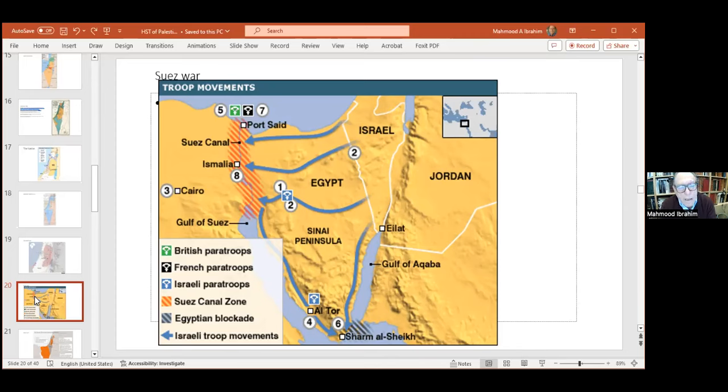In 1956, this is the beginning of the loss of England and France as superpowers, where they were replaced by the United States and the Soviet Union as far as the Middle East is concerned.